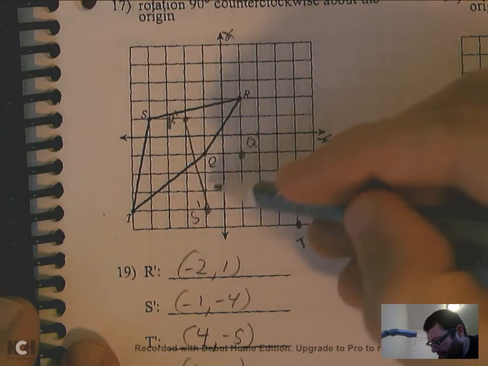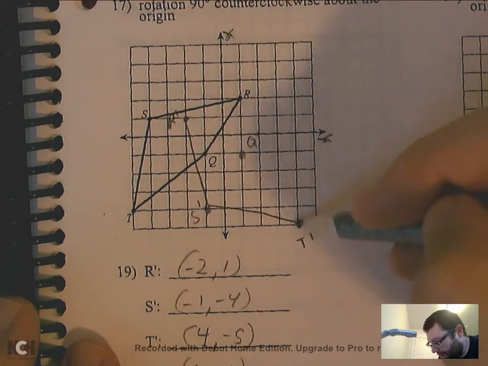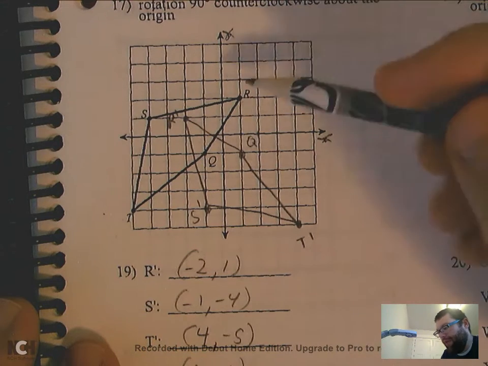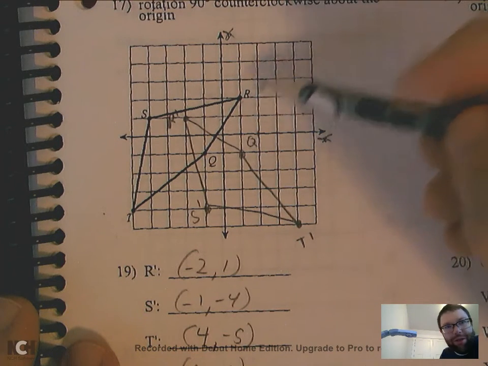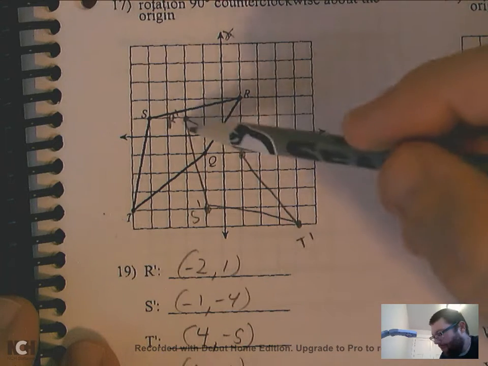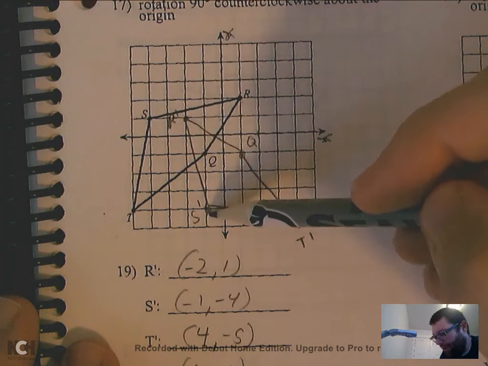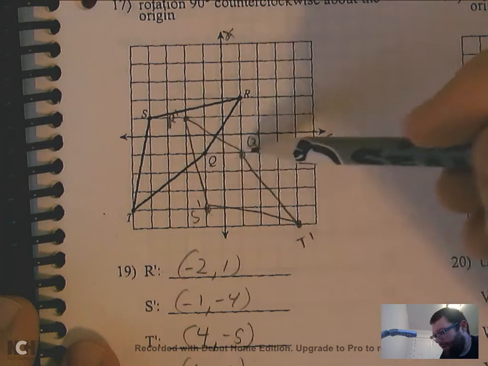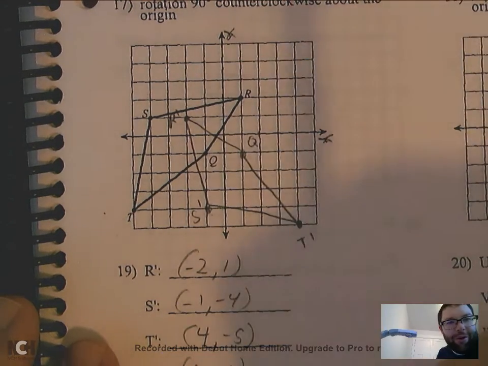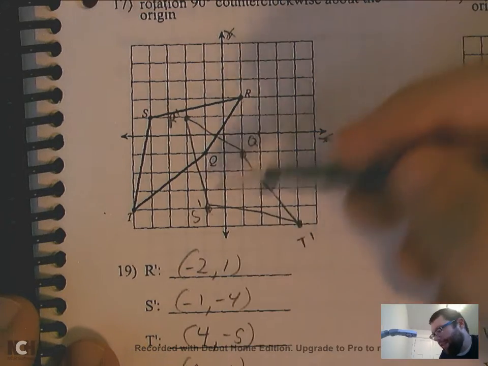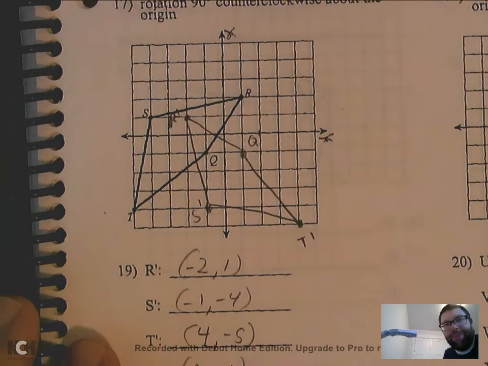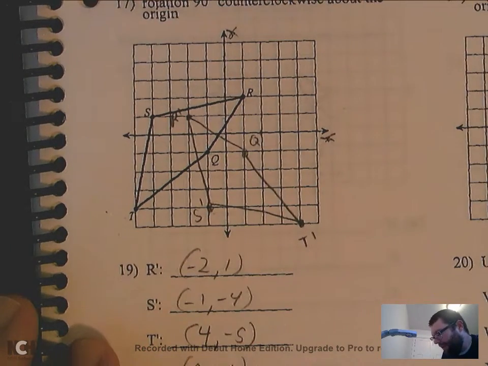So there's my transformed shape right there. Okay? And again, you'll notice all these letters just moved one quadrant to the left. That's all they did. I know that's technically right, but if you're going left on the clock is what I'm talking about. Okay.